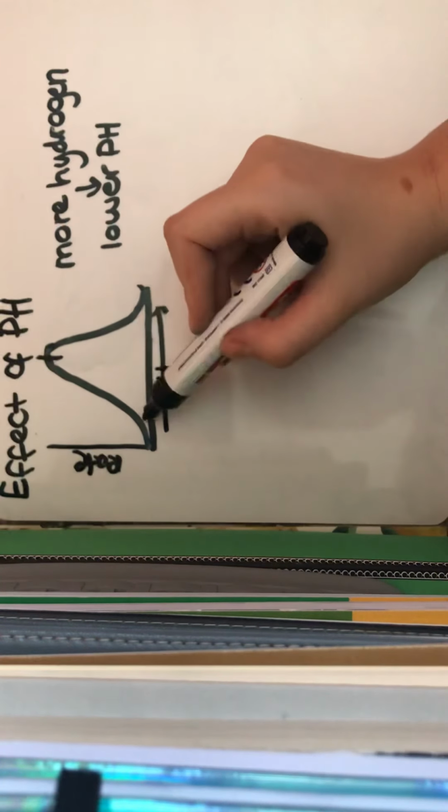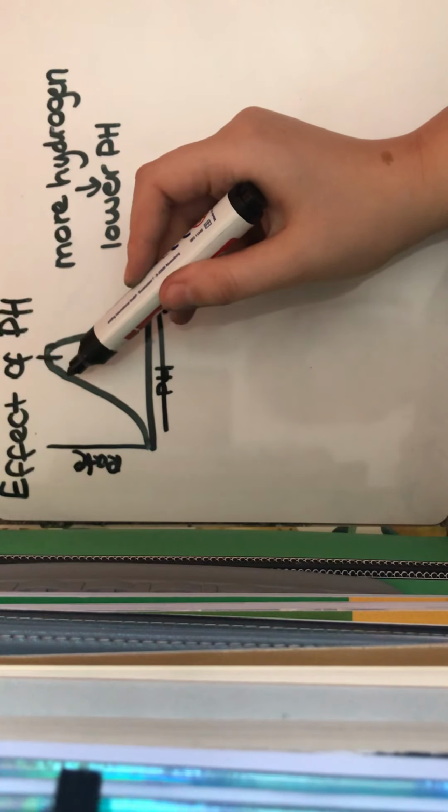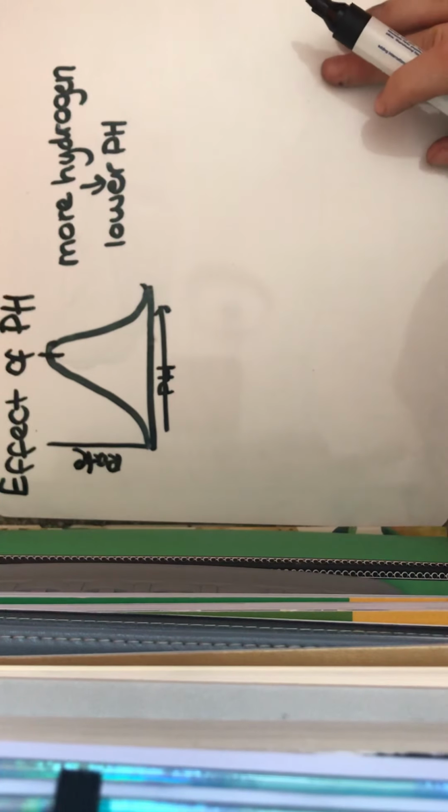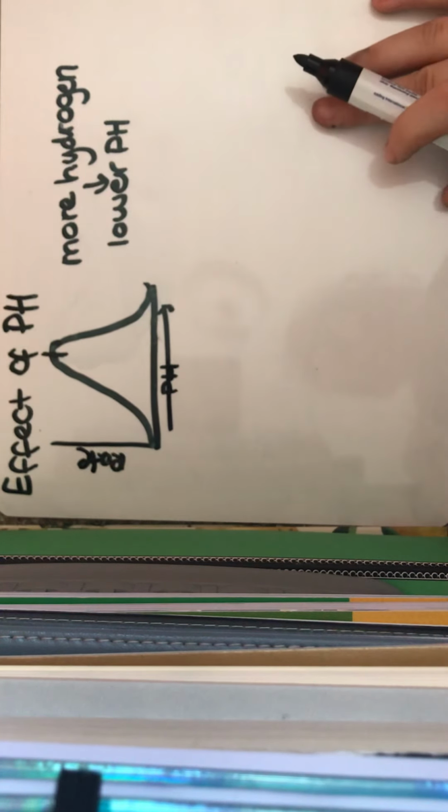So as you can see here, as we're increasing the pH, we are increasing the rate of reaction. So there's more enzyme substrate complexes being formed up until a certain point.